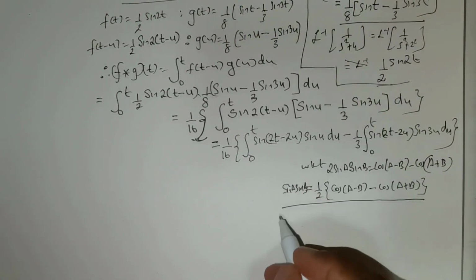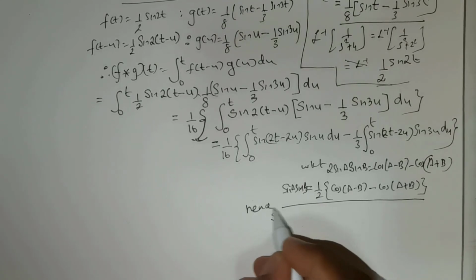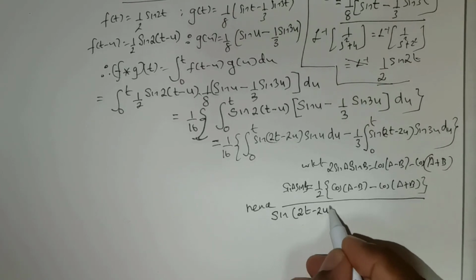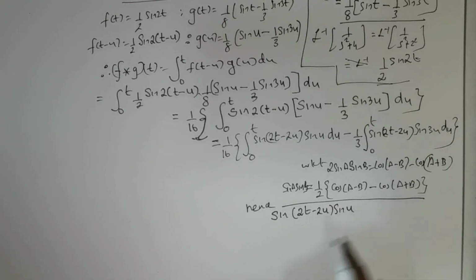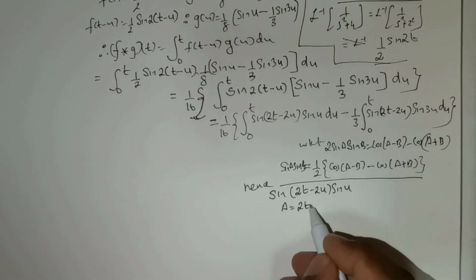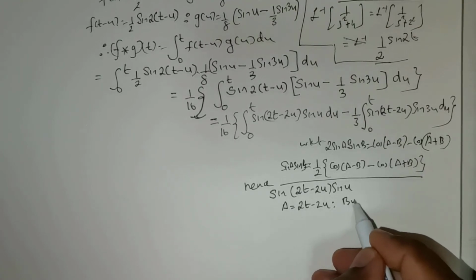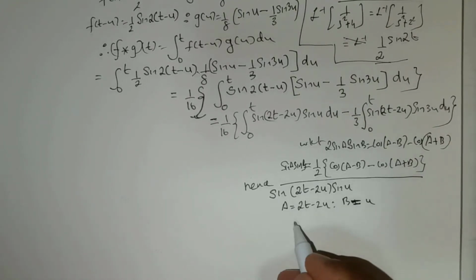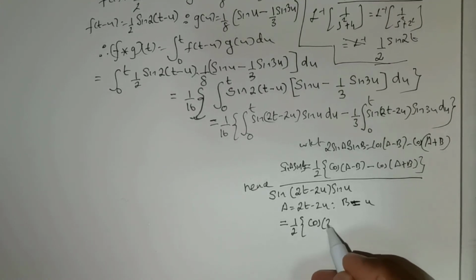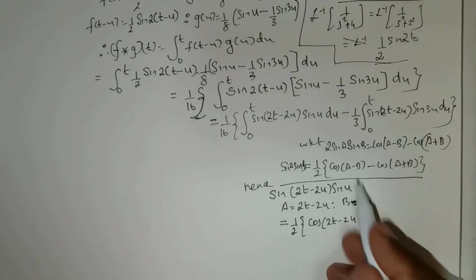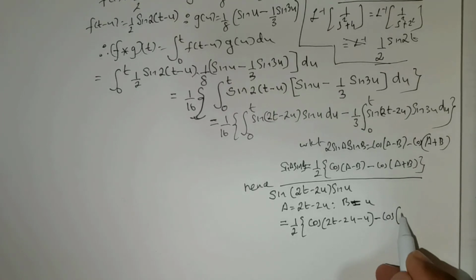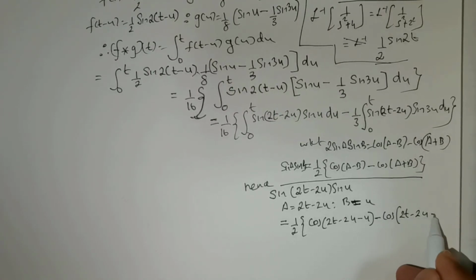So this one, sine of 2t minus 2u times sine of u, I can rewrite by using this. I'm going to take a as 2t minus 2u, and b equal to u.